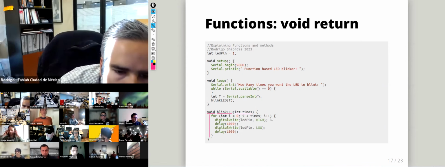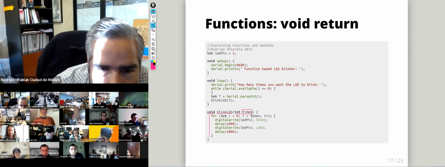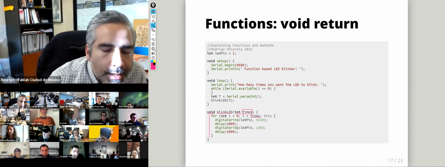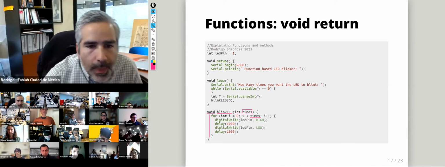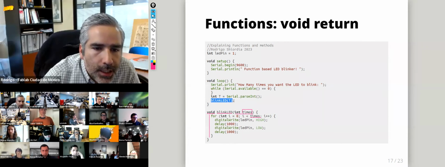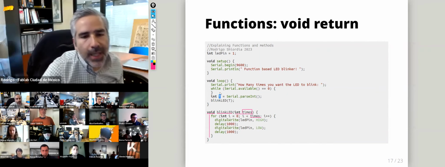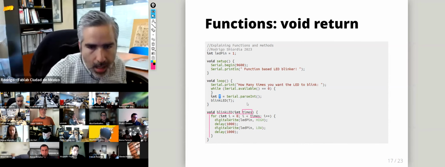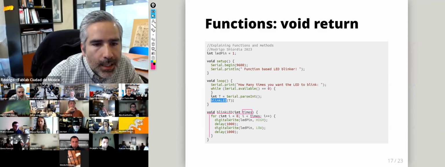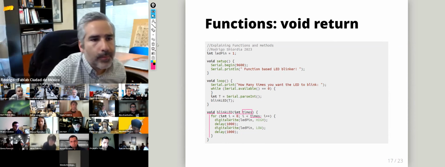So here I have a for loop that takes in this little times variable that I used to blink an LED several times, right? So what I'm doing here is I'm calling the function here with an integer that I'm getting from the user, right? And if I type 3, then it'll execute this function several times.